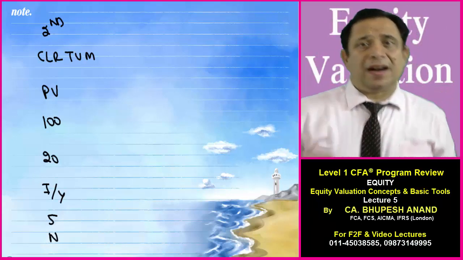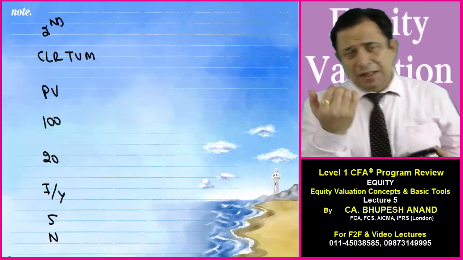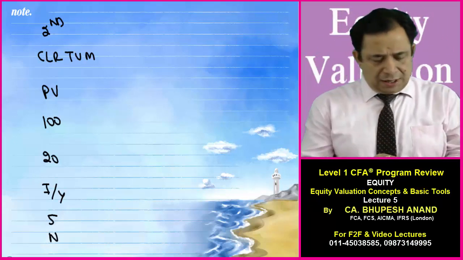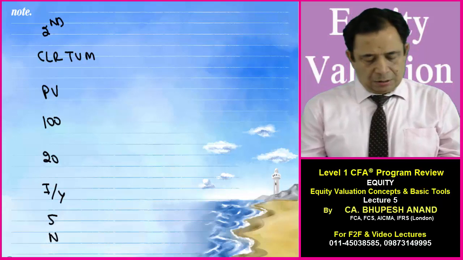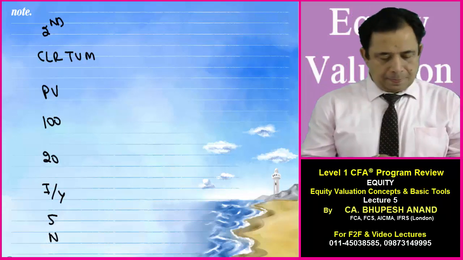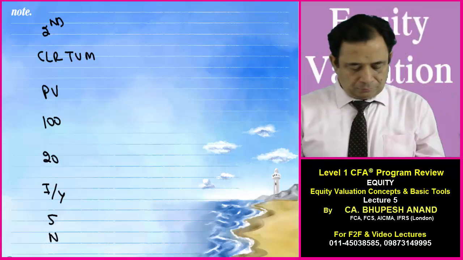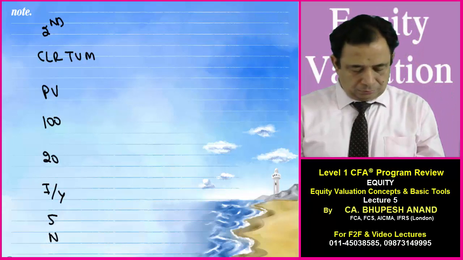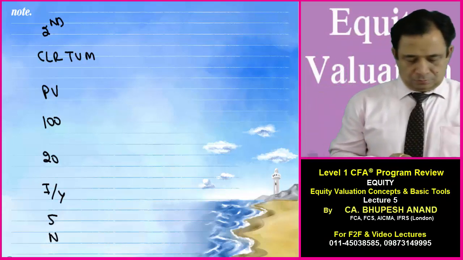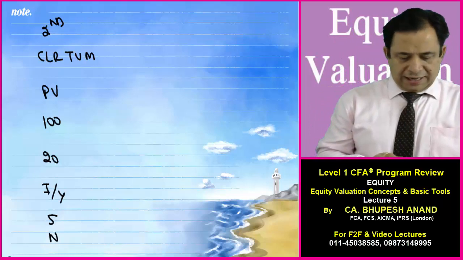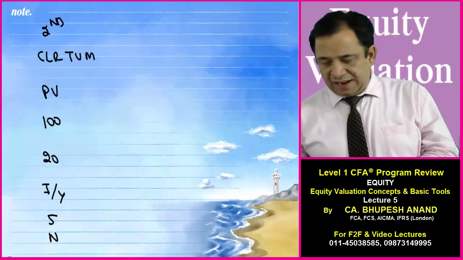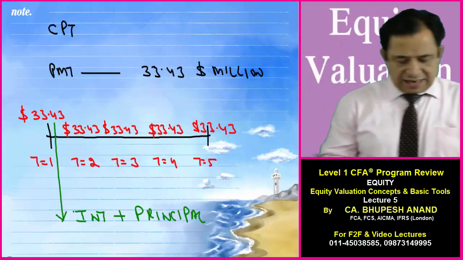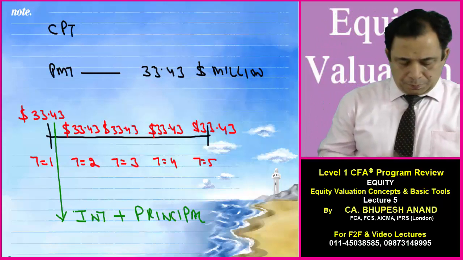I have to repay 100. I have taken 100. So this is 100. 20 as I/Y and 5 as N, and then I have to compute the payment.